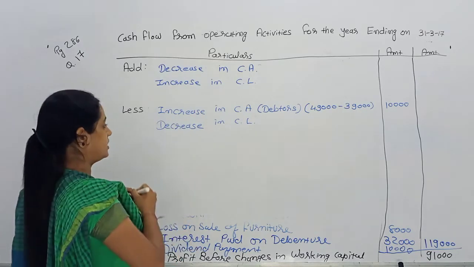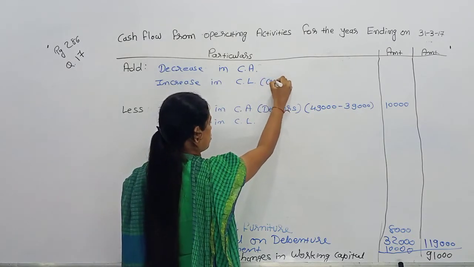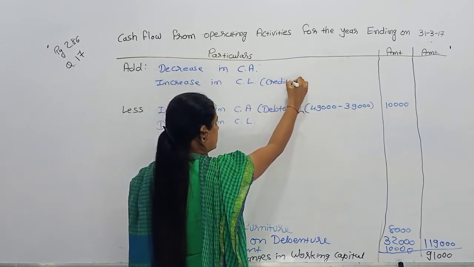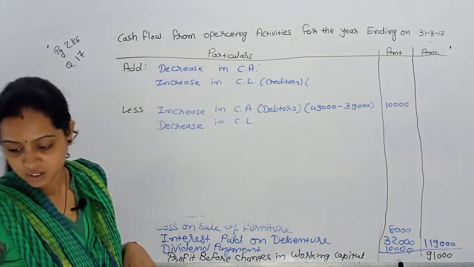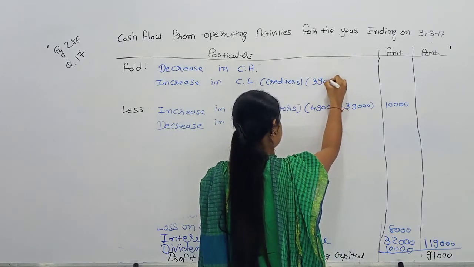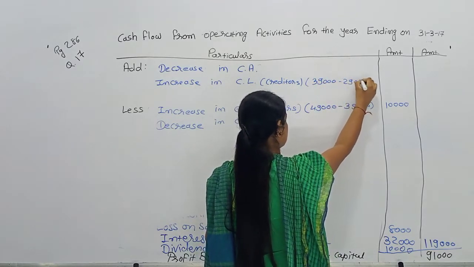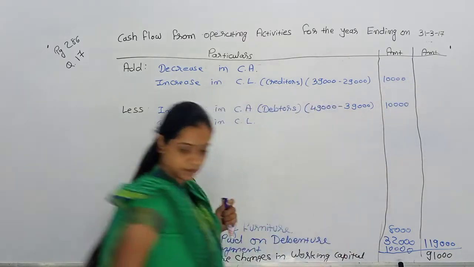So there is also an increase in current liability. Creditors are our current liability. So we'll write creditors here and in brackets we'll write 39,000 minus 29,000. Our answer will be 10,000.